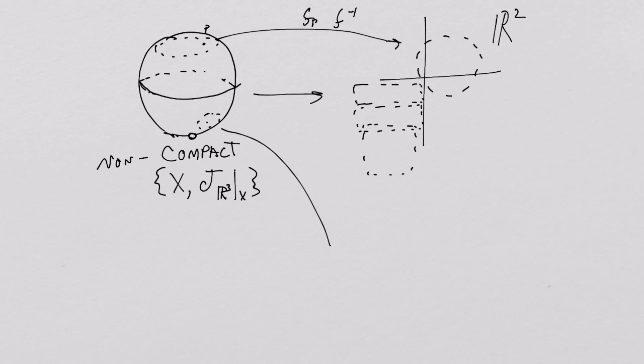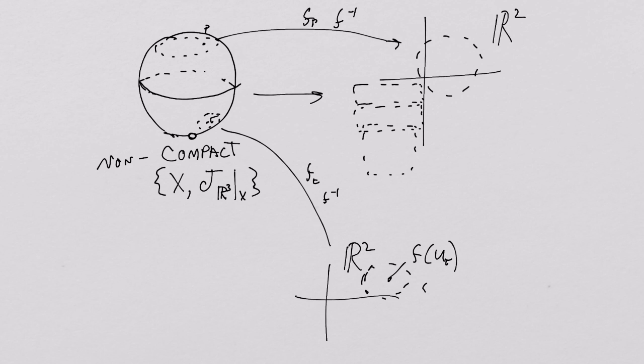If I call, say, a point in there, just to label it, T, I can find a map FT, F inverse of T, and then here's another copy of R2, and it maps to this, say, open set in R2, so that's F of UT, right, in here, and then that's FT of T, right here, that point. And I can do that for every single open set on the sphere.